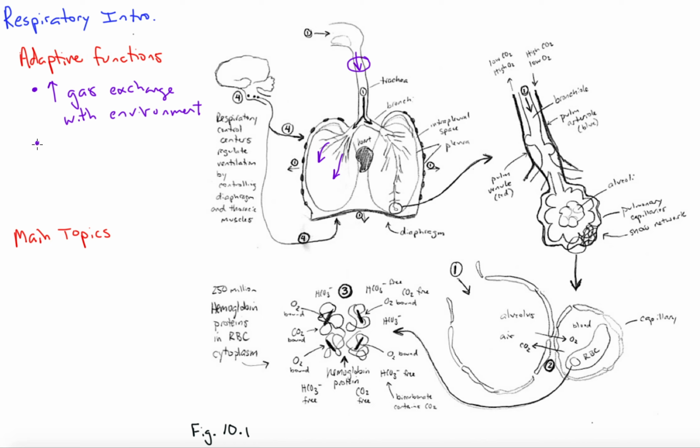So oxygen, what is the oxygen important for? Well, the oxygen is for aerobic respiration. And by aerobic, we mean oxygen utilizing.